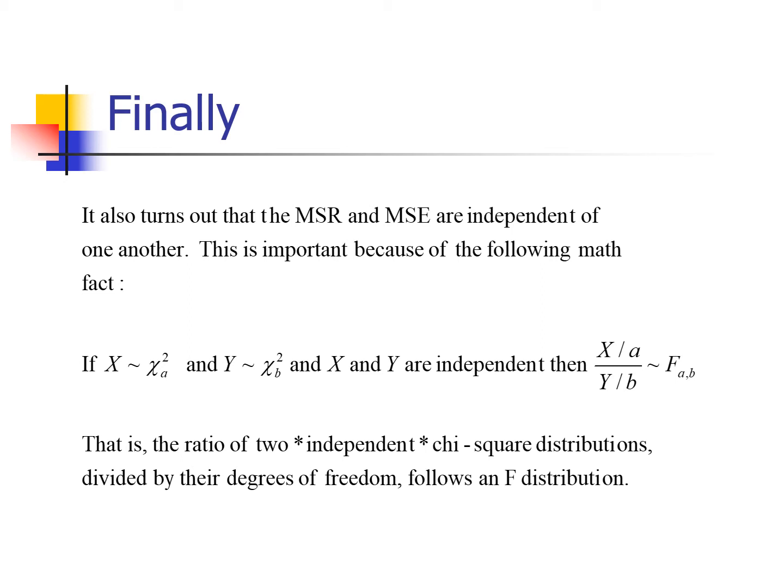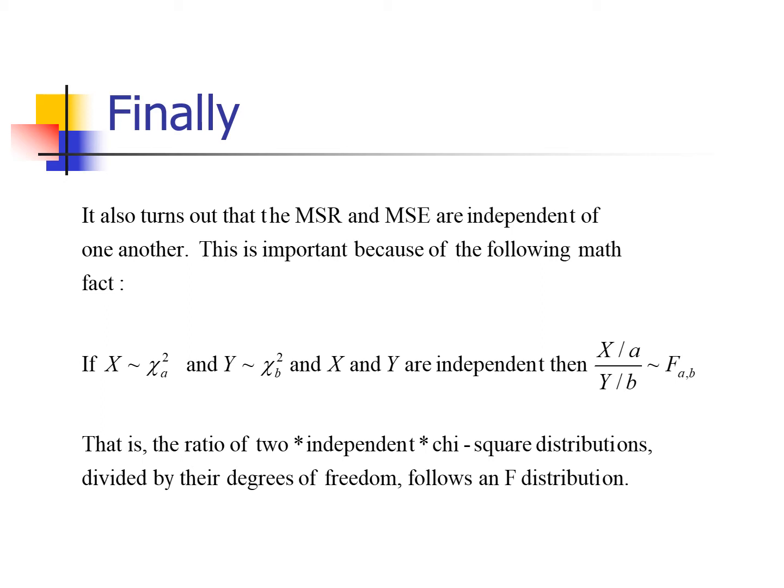The F distribution is going to be important to us. We are going to use the F distribution probably every day of class from this point on. The F distribution is sort of the pivotal distribution for multivariate regression.